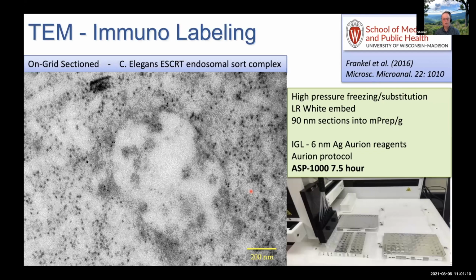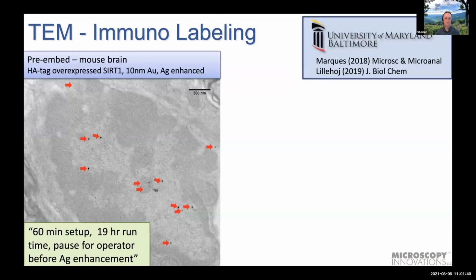The sections were then placed on grids, inserted into grid capsules, which were then placed on the ASP head. Reagents were arrayed on the tray and processed using Orion reagents and the Orion protocol in 7.5 hours. So there was no attempt to speed up the labeling in this particular study.